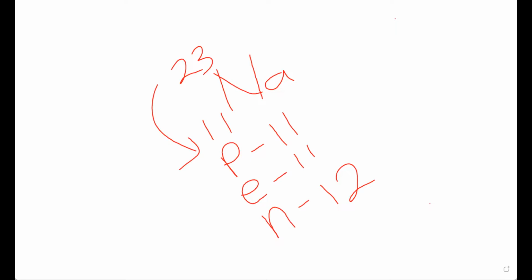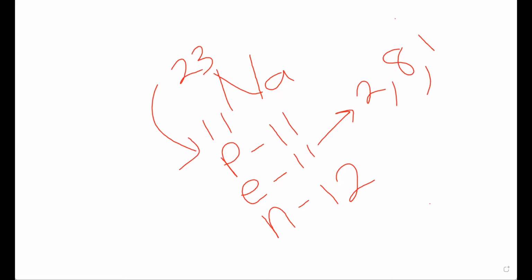Right. For the electrons, we can write the electronic configuration. In the first shell there can be 2 electrons, in the second shell there can be 8 electrons, and the remaining one is in the third shell. So the electronic configuration is 2, 8, 1.